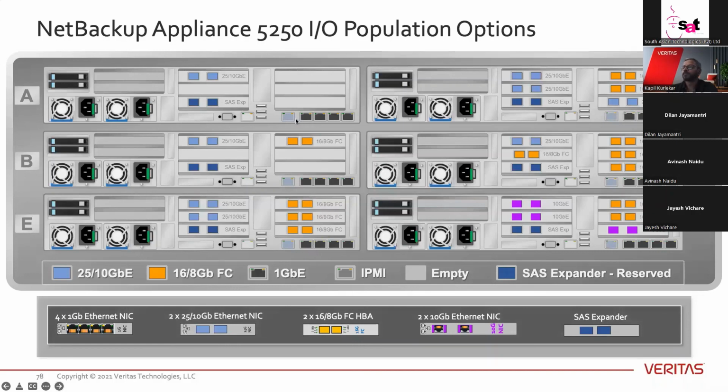Along with that, it has four 1 GB Ethernet ports, and so on. The F module, as you can see, is the highly populated one, with four, even six 10 GB Ethernet ports, two SAS ports, two four 16 to 8 GB fiber channel ports and so on. So all of these are the different IO configurations available in the NetBackup 5250 appliance.